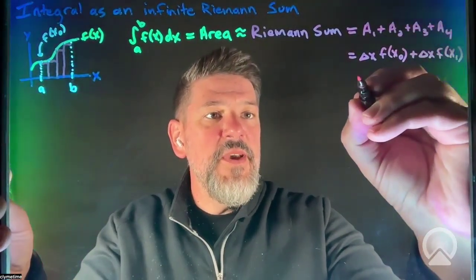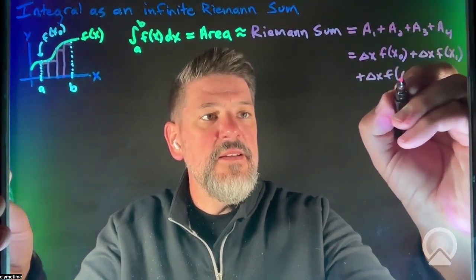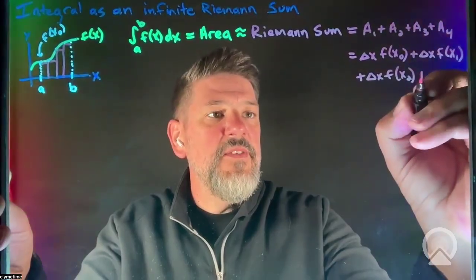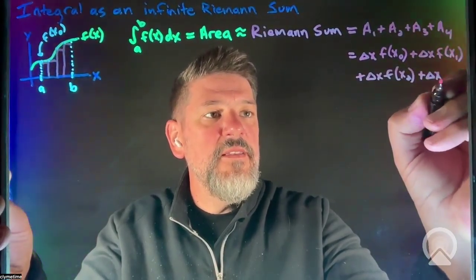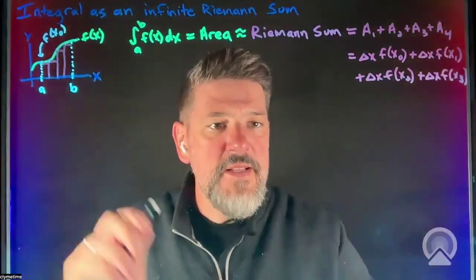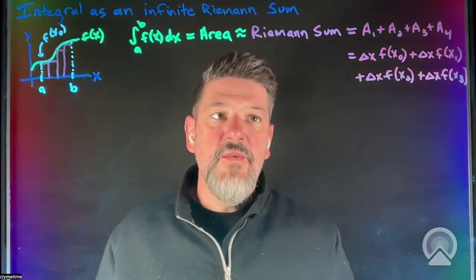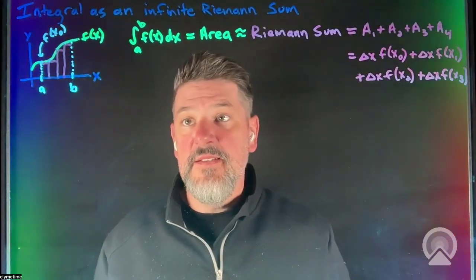And then we're going to keep adding. So we have another width and another height, f of x2. And then we have another width, we have another height, f of x3. All right, so there's our four rectangles with their four areas, width times height in each case.